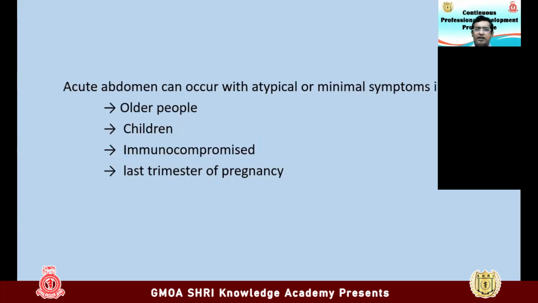Even though we describe these kinds of symptoms and physical findings, atypical presentations can occur in some age groups. In older patients, you know that their autonomics are not working properly, so they will have fewer autonomic symptoms.